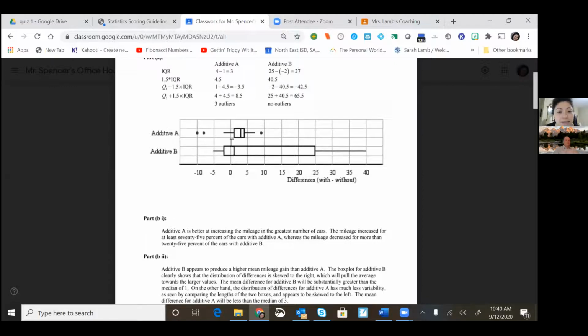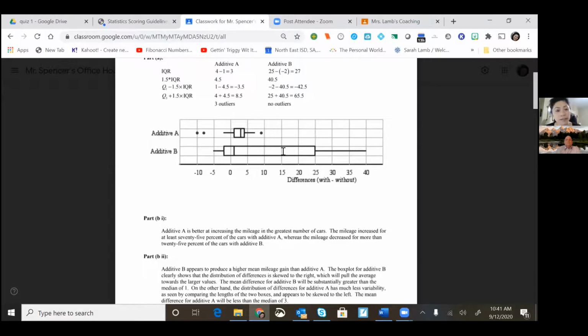Look at your axis here at 0. You had to refer how the quarter 1 and quarter 2 on additive A and B suggested 75% versus 50% of cars getting an increase. So you had to reference those quarters specifically in your justification for additive A. If you answered additive B, it was automatically incorrect for the question.